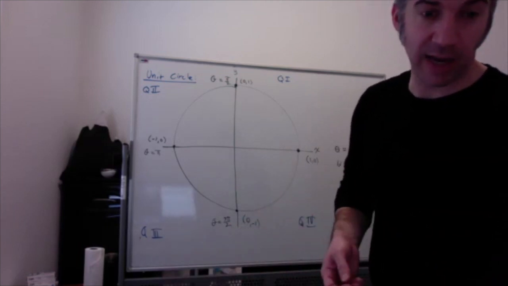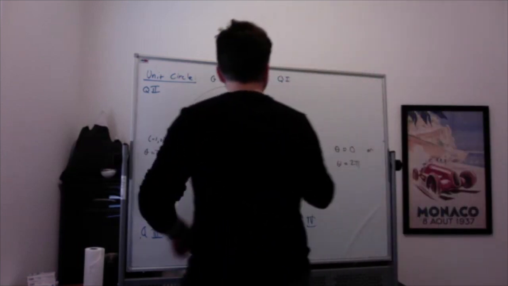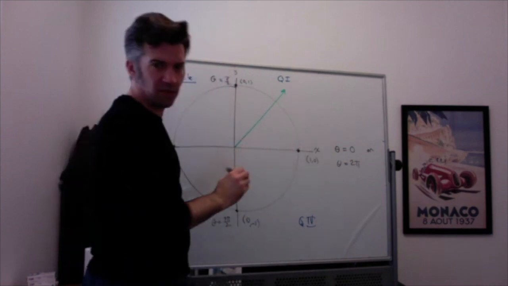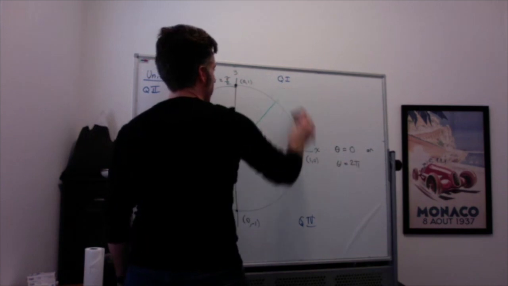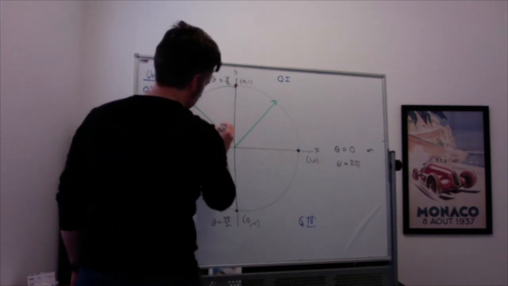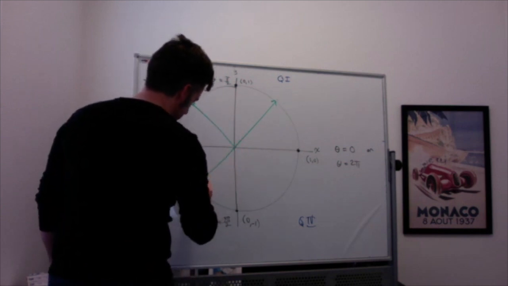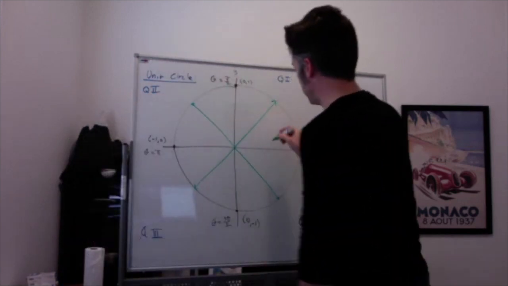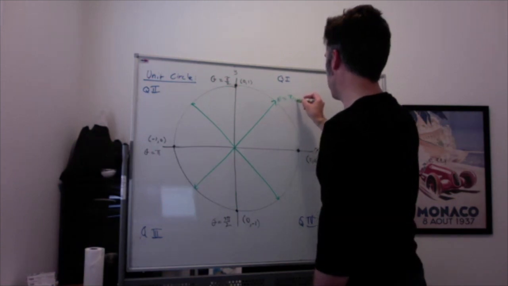I usually like to start with the pi over 4 because they're easy to draw. Okay, there we go. I guess it's better to end it right here. So here we have, this angle here is theta equals pi over 4.